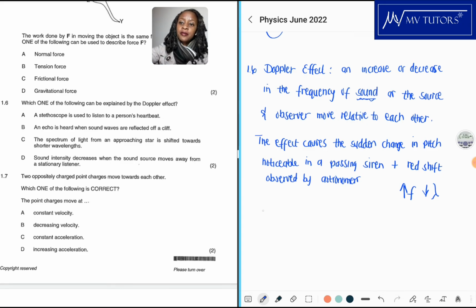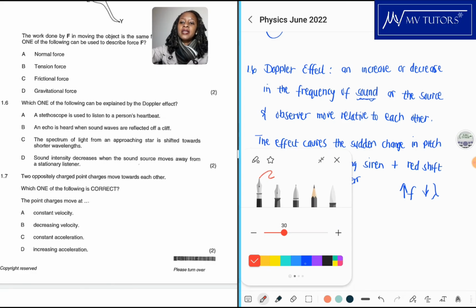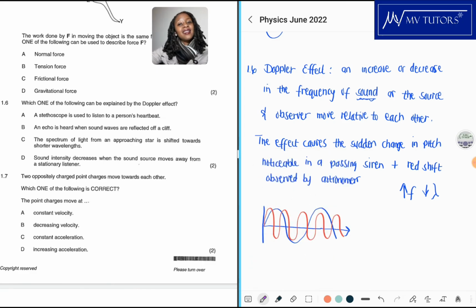Basically, with frequency, if you were to draw a frequency-time graph with a certain frequency there, what happens when you increase the frequency? You're going to have a lot more waves per second. What happens when you increase the intensity of the sound?